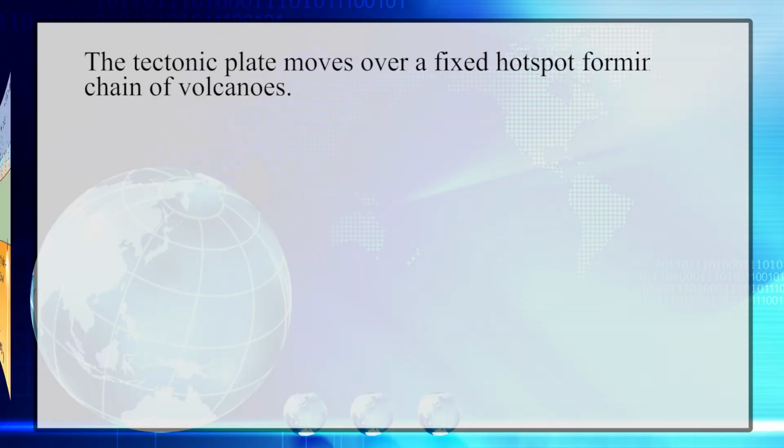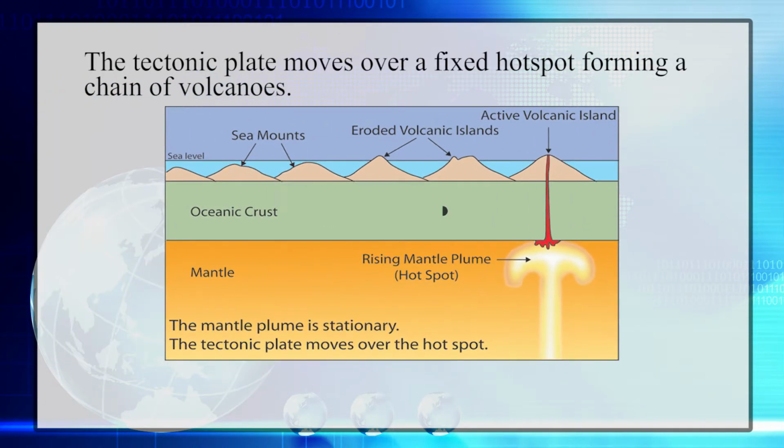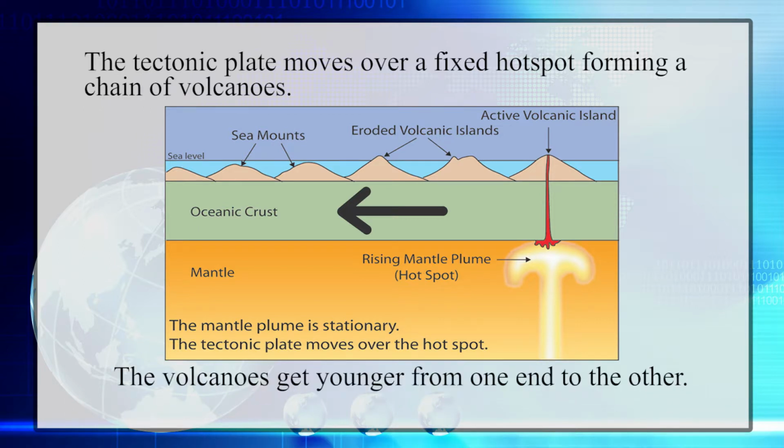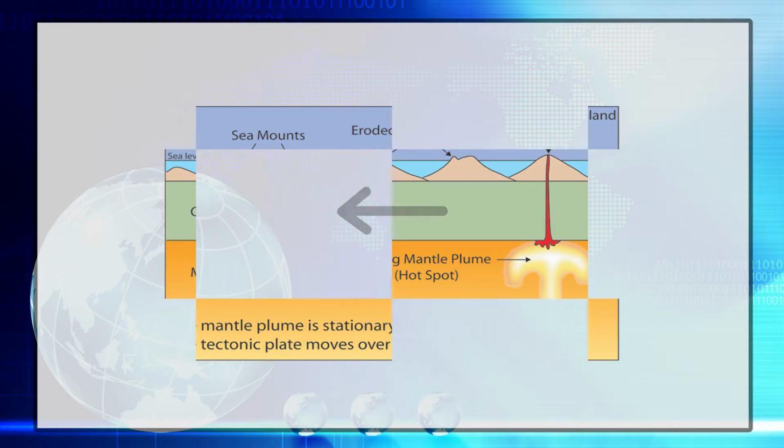The tectonic plates move over a fixed hotspot, forming a chain of volcanoes. Actually, the mantle plume is stationary. The tectonic plate moves over the hotspot, and the volcanoes get younger from one end to another, and thus seamounts, volcanic islands, active volcanic islands, etc. are formed due to this volcanic activity.